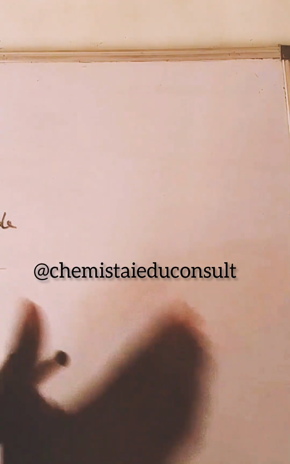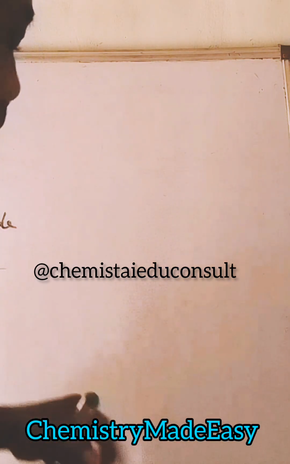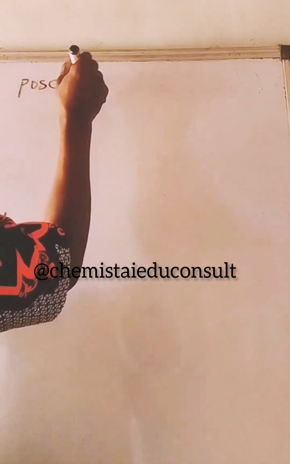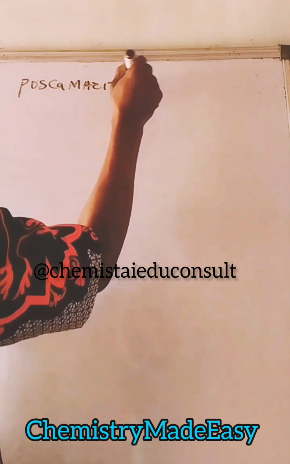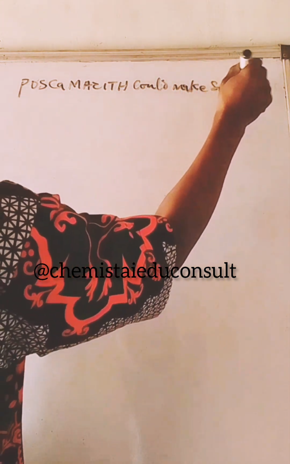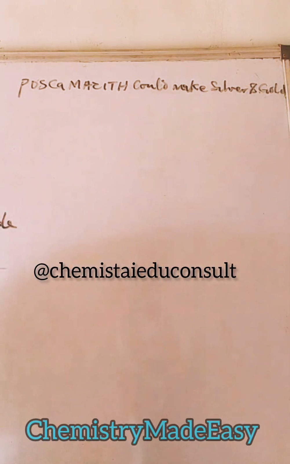So the acronym I will use now to remember few of these elements is this: Poscamazit could make silver and gold. Poscamazit could make silver and gold.